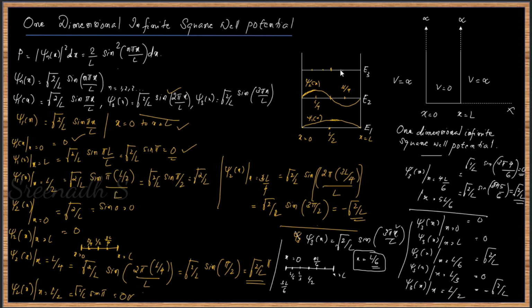This is L by 6, L by 2, and this is 5L by 6. Starting at x equal to 0, at L by 6 it has the maximum value, and at L by 3 it is 0. So how will it go? It will go like this.